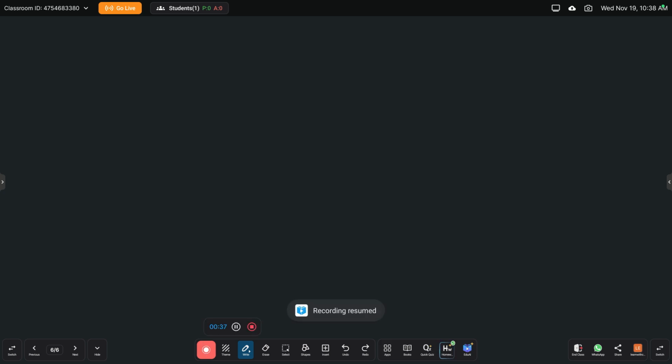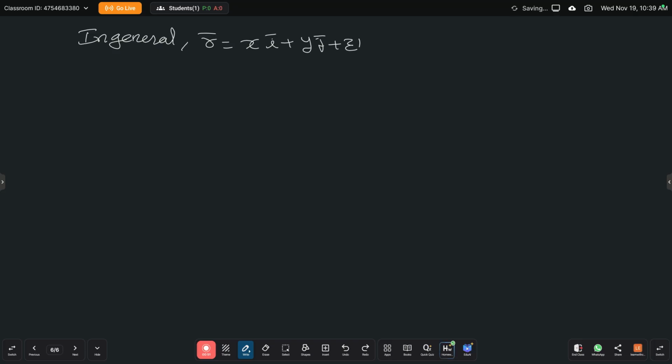In general, R bar equals x i bar plus y j bar plus z k bar. Its magnitude, the modulus or norm of R bar, is represented as small r.